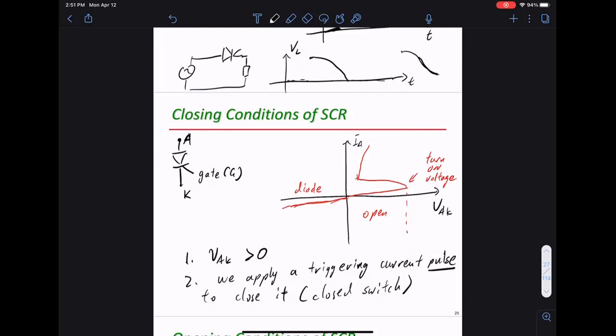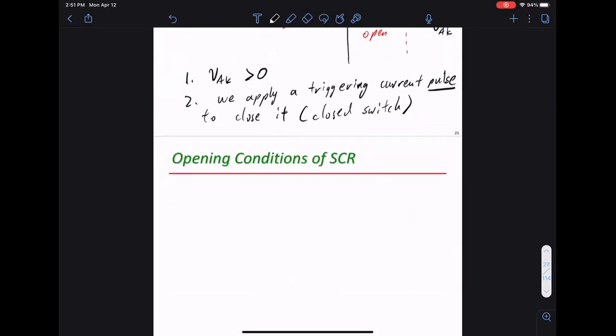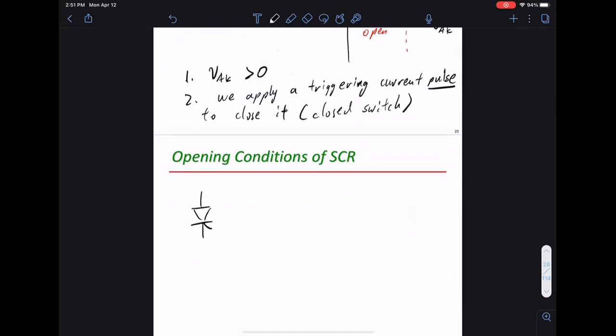So this was the closing condition. Now the opening condition. Let's take a simple open condition. This becomes an open switch.